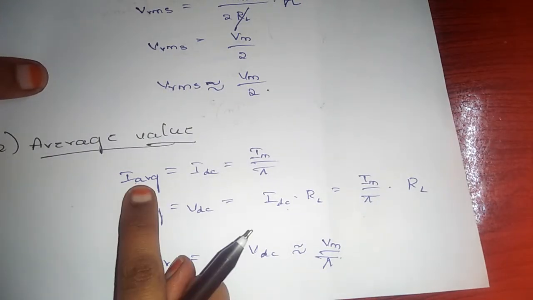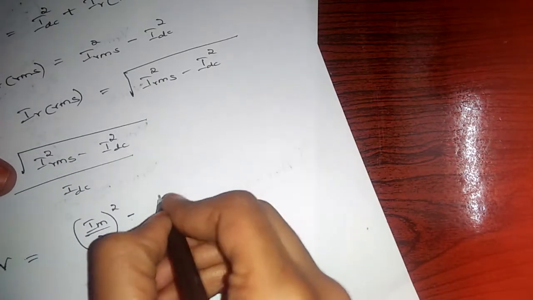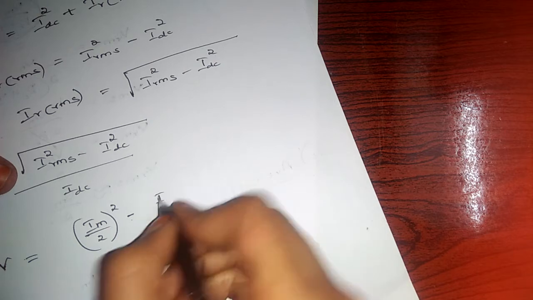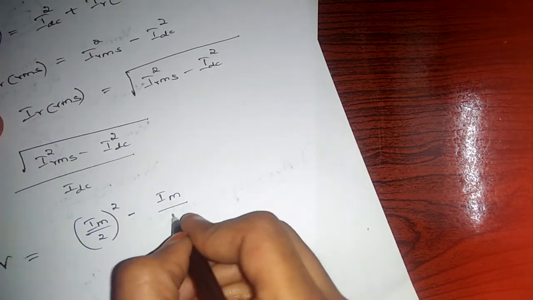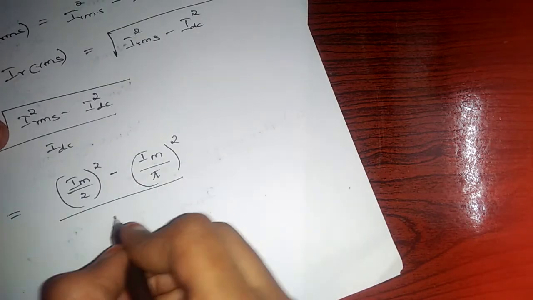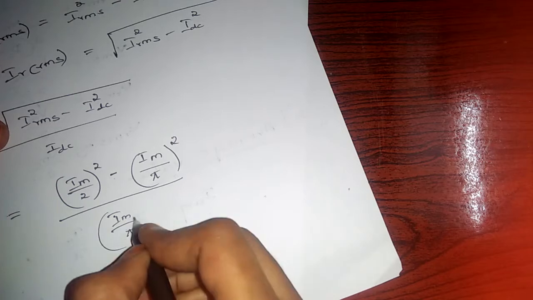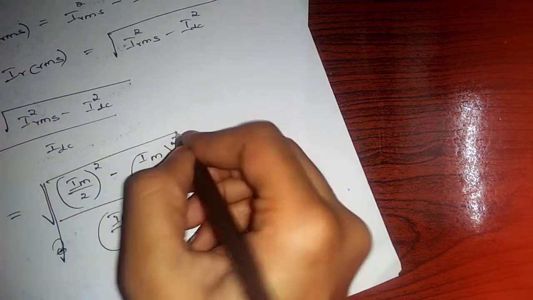The average current, which is nothing but Im by pi. Im by pi whole square, by Im by pi. And not the whole root, just root of.